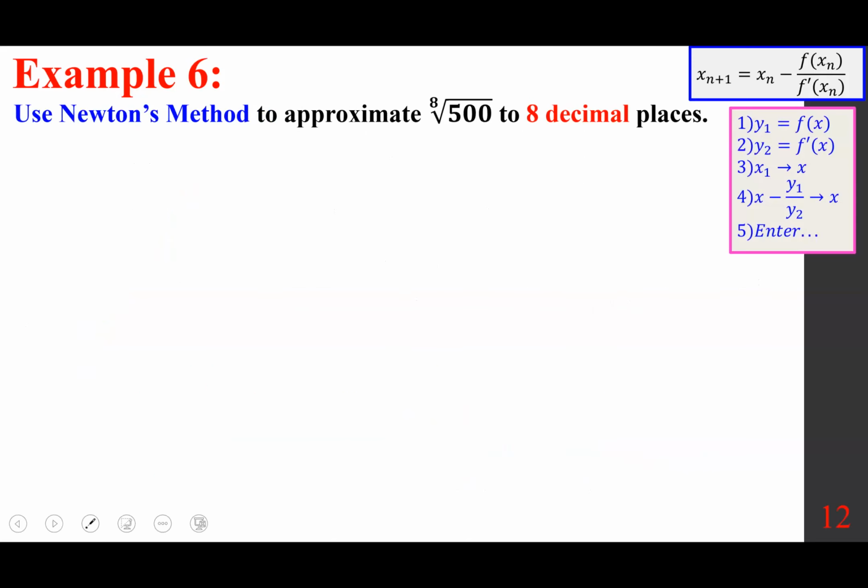We can use Newton's method to approximate, let's say, the 8th root of 500. Again, it's sort of finding the tangent line. I want you to know that. So first, to approximate this, we set this equal to x. Let x represent that.